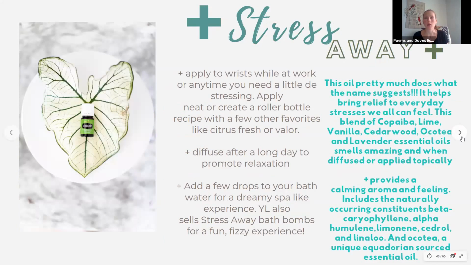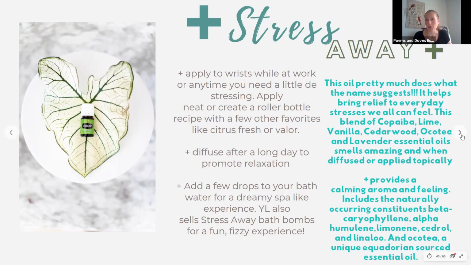Stress Away is one of my favorites. This is another one of the emotional oils. Great to just either diffuse or add in a roller bottle. Apply to your wrists, neck, anywhere on your body really, to promote relaxation and decrease stress.